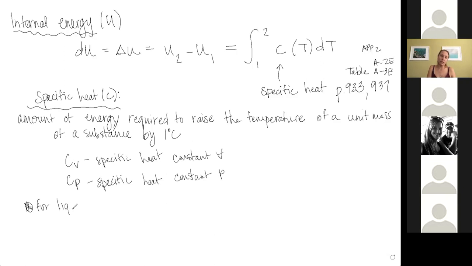For liquids and solids, C sub V and C sub P are equal, and we just denote them as a C.